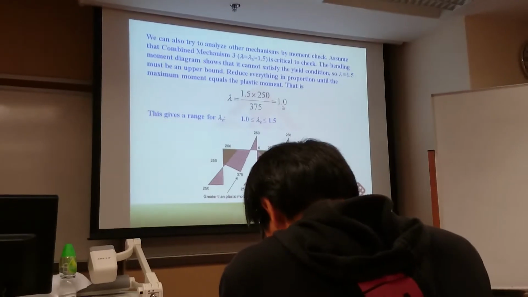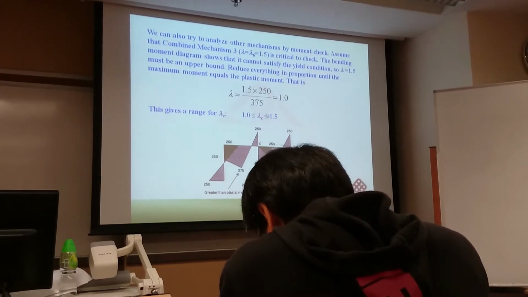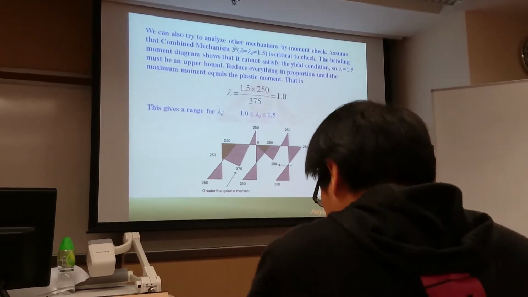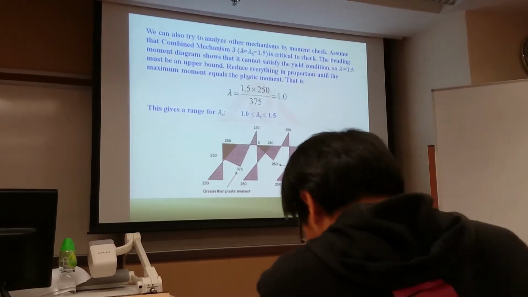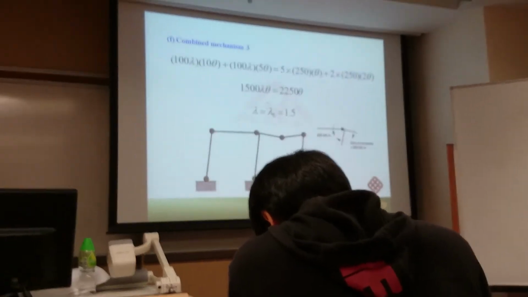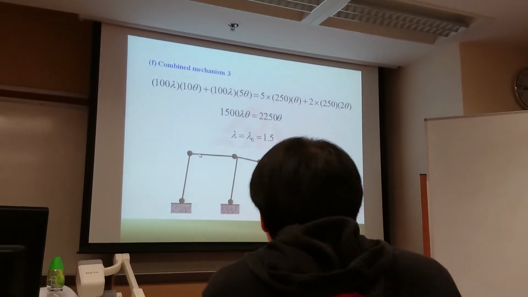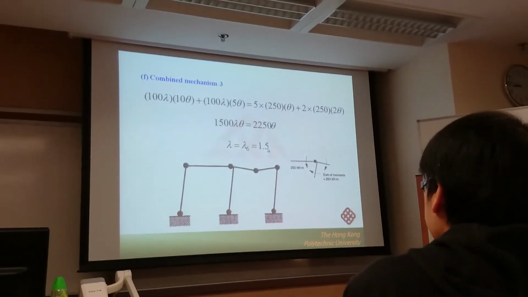But why is this a lower bound? Why is this not the true value? Because the plastic moment corresponding to mechanism 3 is based on the assumption of a plastic hinge here. So this is a plastic hinge when the lambda is equal to 1.5.